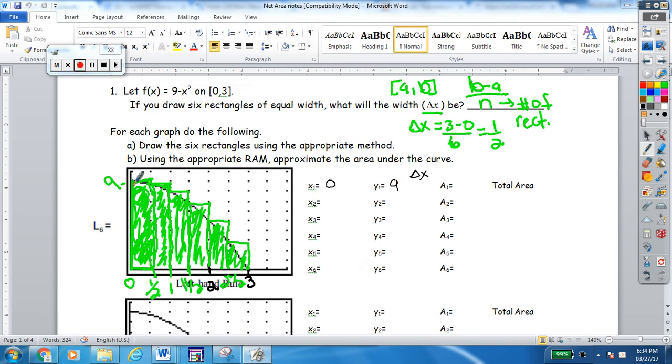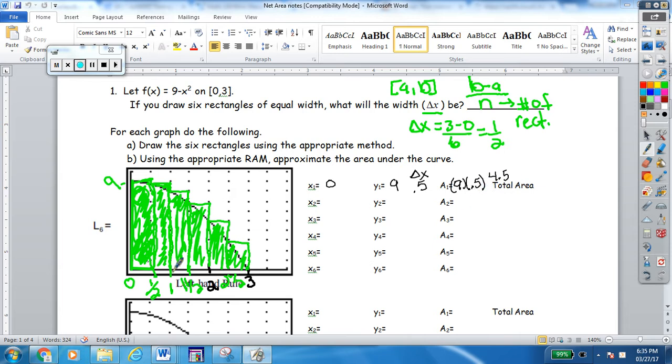In this case, this rectangle is 9 units high, but it's still only a half a unit wide, so 0.5. Therefore, the area of this rectangle will simply be 9 times 0.5, which of course is 4.5. Okay, and you can do these with calculators, no problem. This one you could do clearly in your head, but it's no problem if you use a calculator.